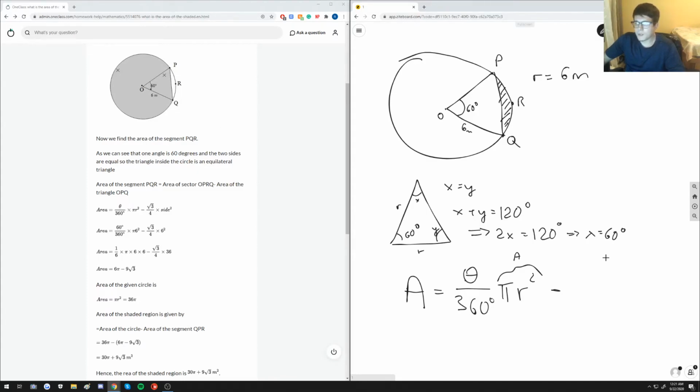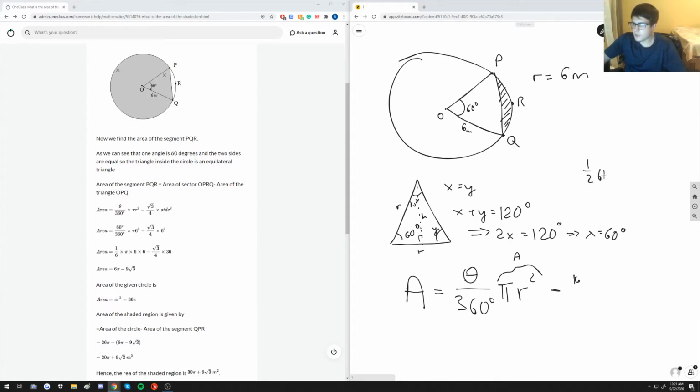Okay, so the area of the triangle is pretty straightforward. When we have an equilateral triangle, we assume a height right here. So this is an angle of 90, this is an angle of 30 degrees, and it's going to be 1/2 base times height, right?